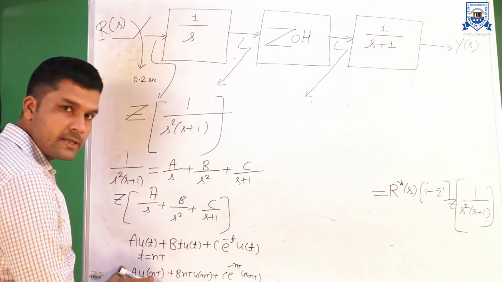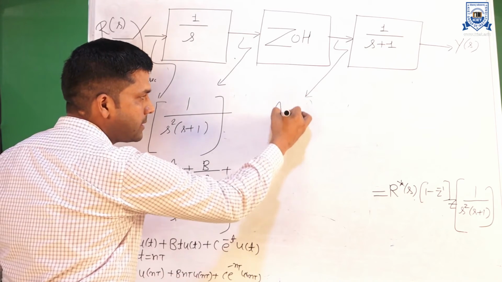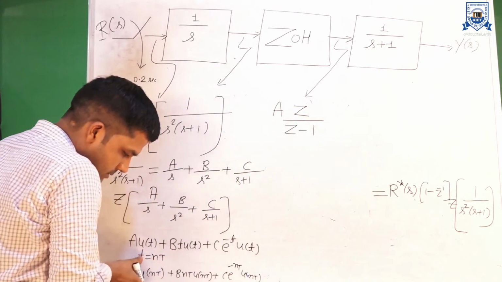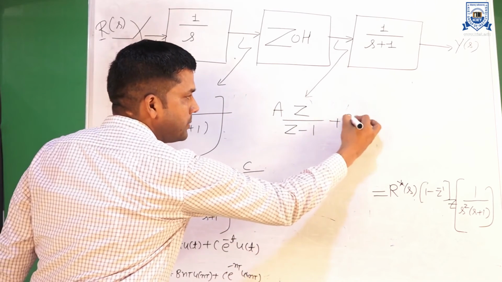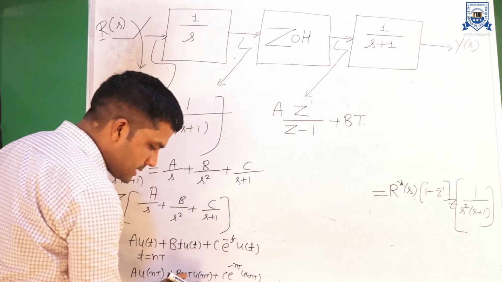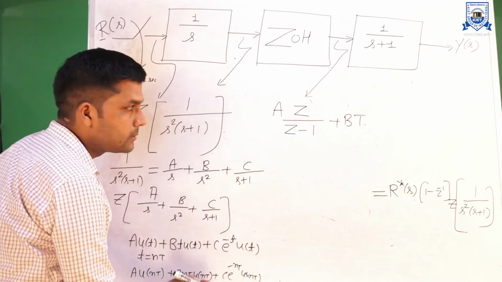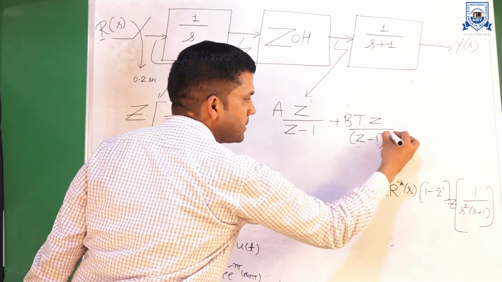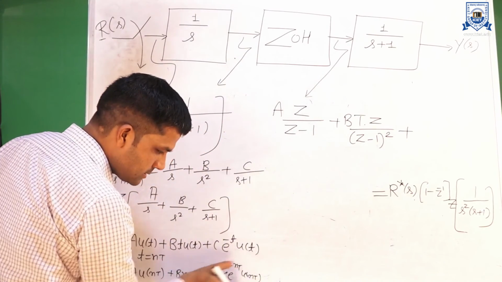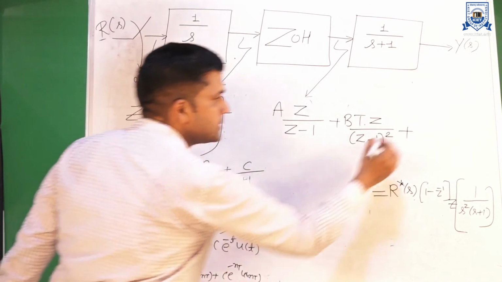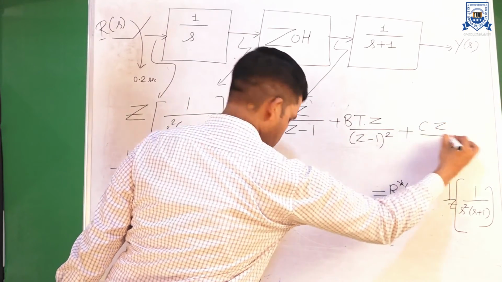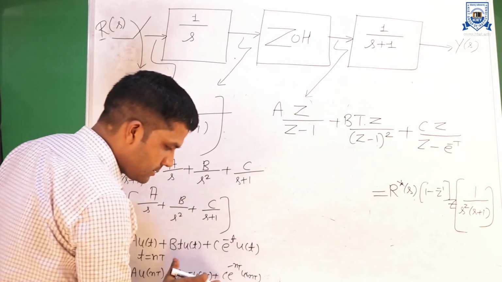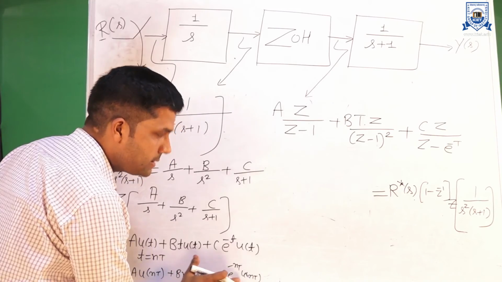The Z transform of the step signal is z upon z minus 1, plus b T times the Z transform of n u(n), z upon z minus 1 whole square, plus the Z transform of this, c z upon z minus e to the power minus T, the Z transform of e to the power minus nT u(nT).